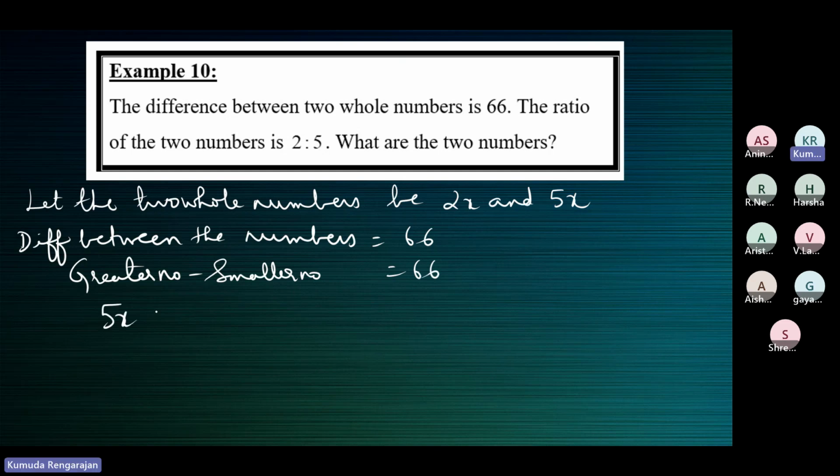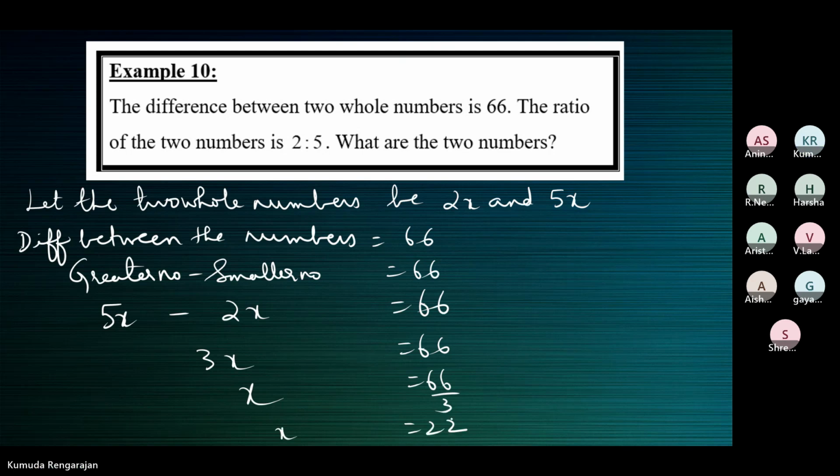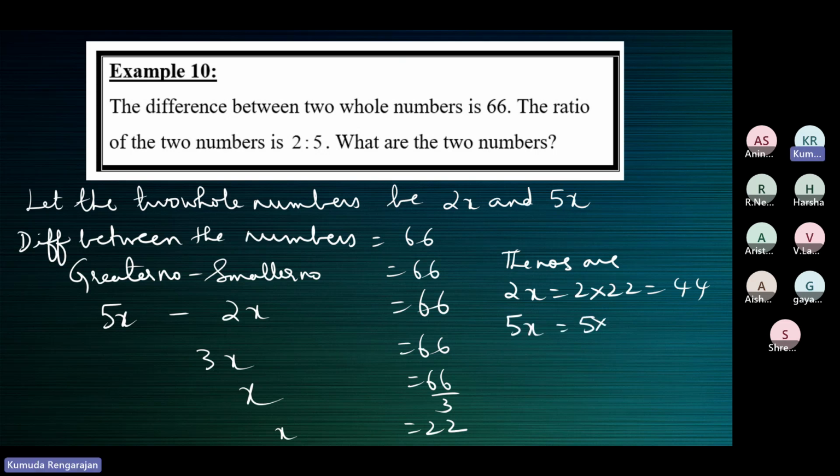Greater number is 5x, smaller number is 2x, so 5x minus 2x is equal to 66. 3x is equal to 66. x is equal to 66 by 3. x is equal to 22. Therefore, the numbers are 2x, 2 into 22, 44, and 5x, 5 into 22, which is 110. Write down, children. Please write down.